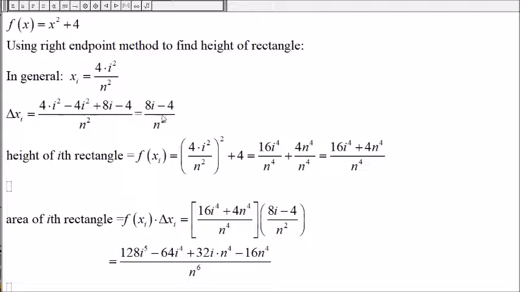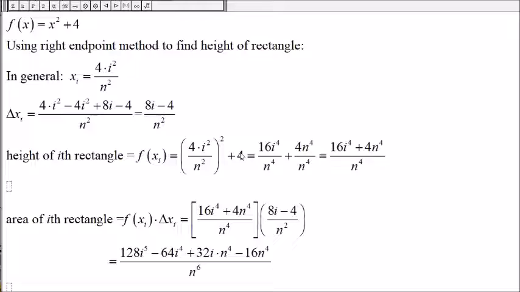So now let's find the height of the ith rectangle. The height of the ith rectangle will be f of x_i. But x_i is 4i squared over n squared. And then we square it, since this is x squared plus 4. So in the place of x, we put x_i, and then plus 4. And this quantity becomes 16i to the 4th divided by n to the 4th.